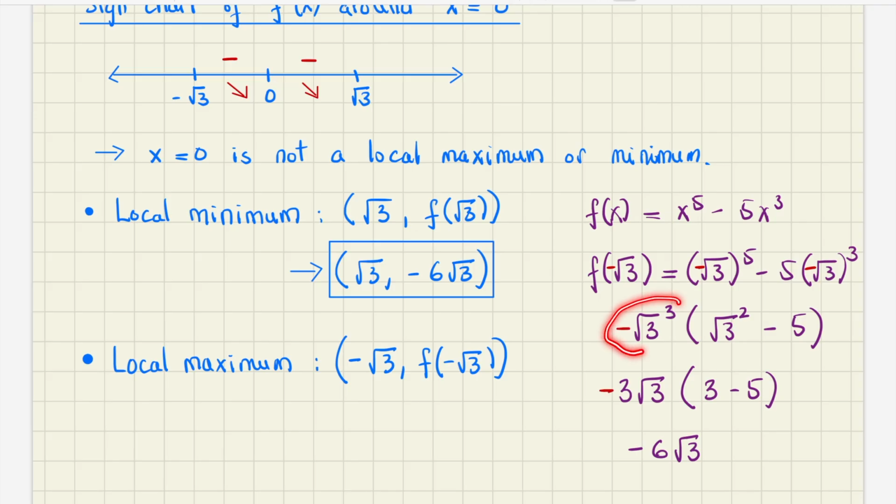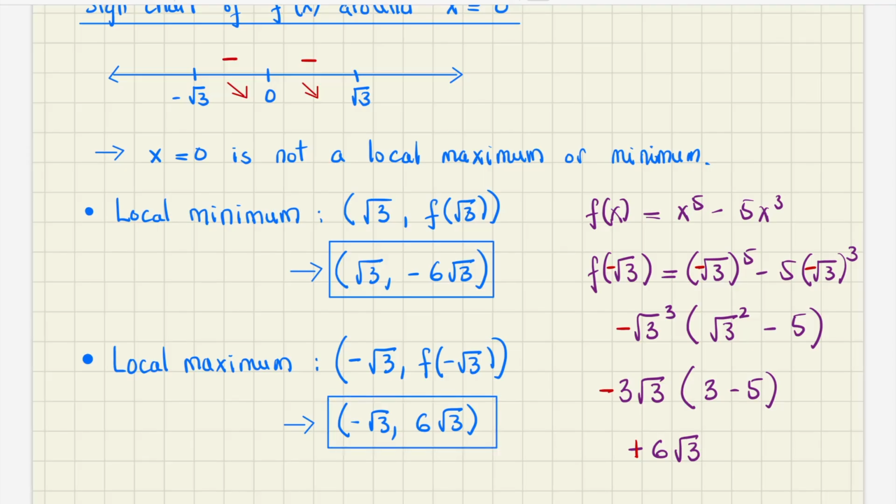So I have negative root 3 to the third times root 3 squared minus 5. Negative root 3 to the third is negative 3 times root 3. Root 3 squared is 3. 3 minus 5 is negative 2. And negative 2 times negative 3 is positive 6. So I have positive 6 root 3. So the local maximum is at negative root 3 comma 6 root 3.